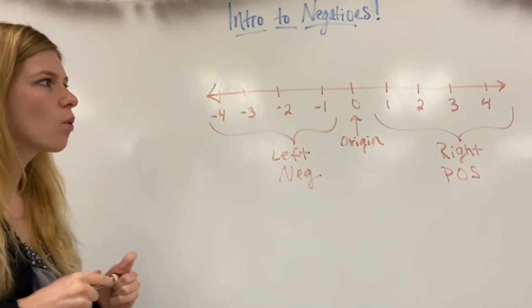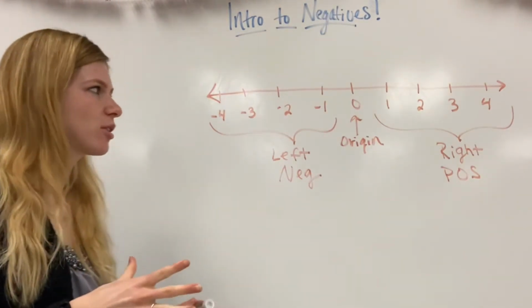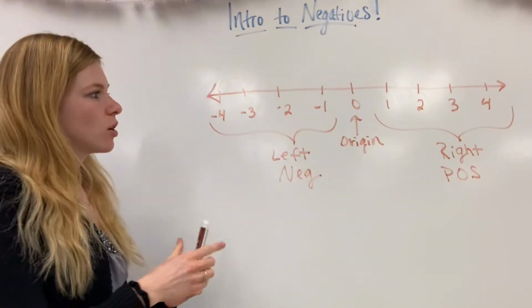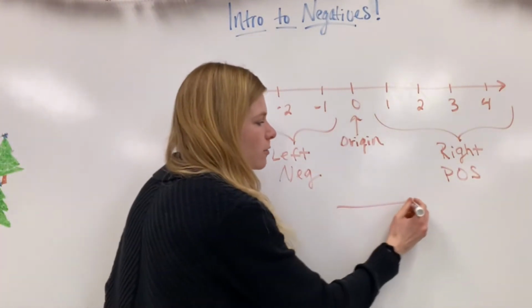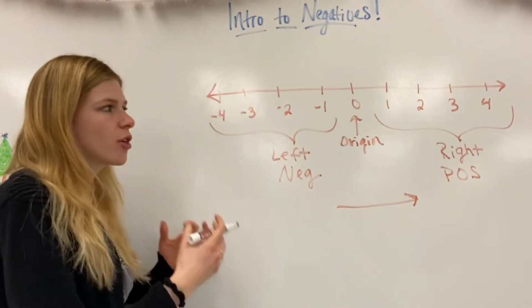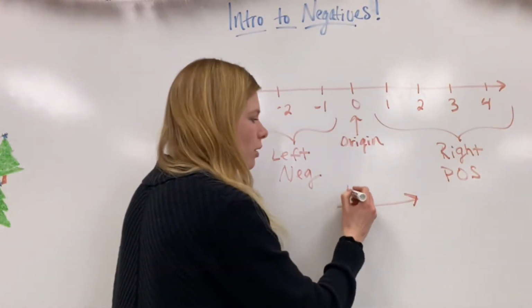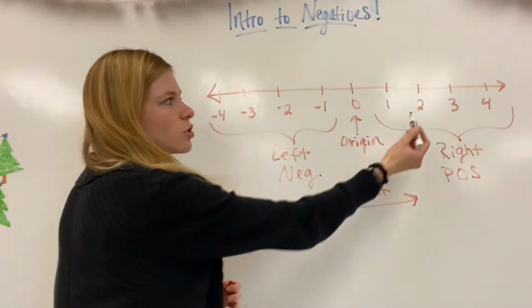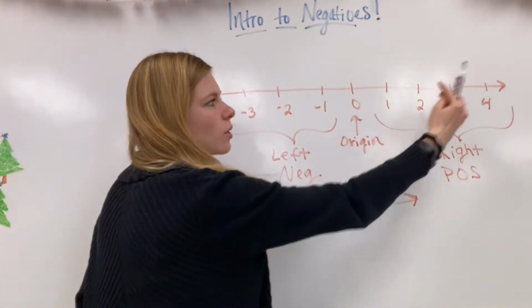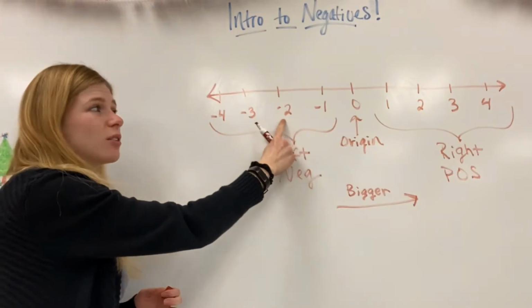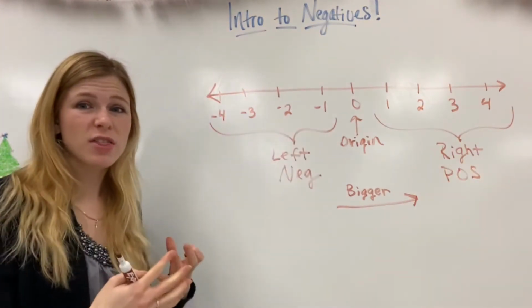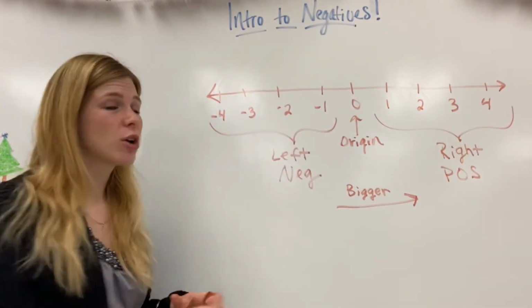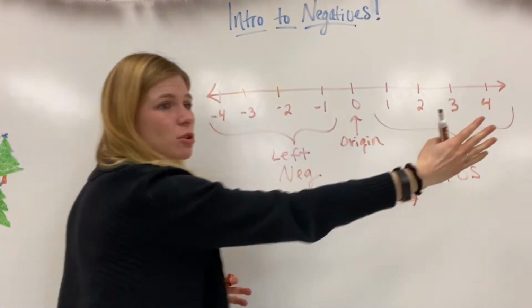Now, one more thing I want you to notice about the number line is that when we're going from left to right, the numbers are getting bigger. Because 2 is bigger than 1 as we're going left to right. Negative 2 is smaller than negative 1. Negative 1 is bigger. So as we're going this direction, the numbers are getting bigger.